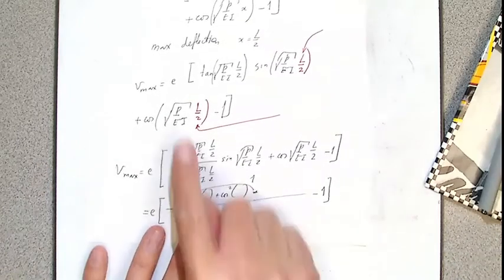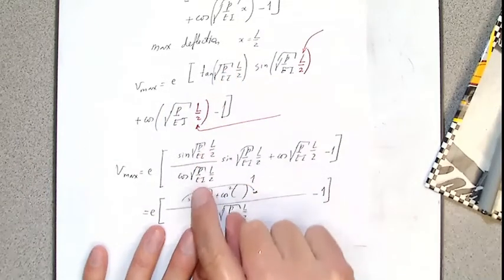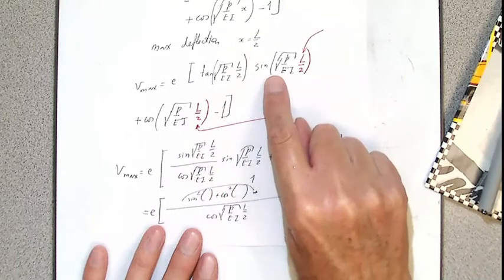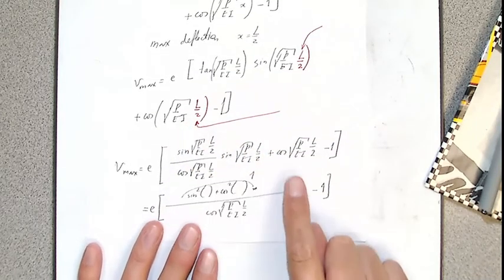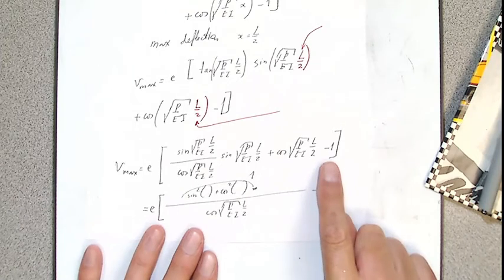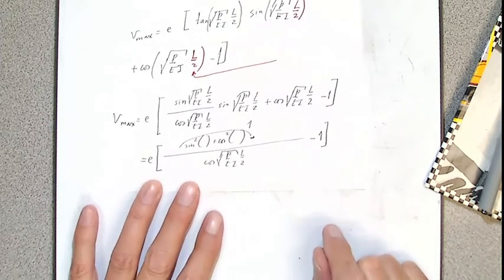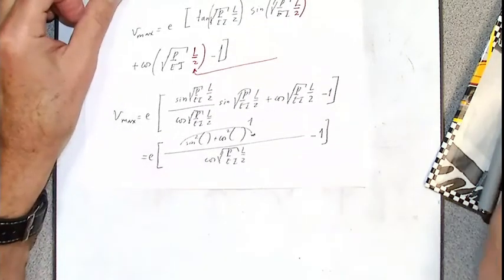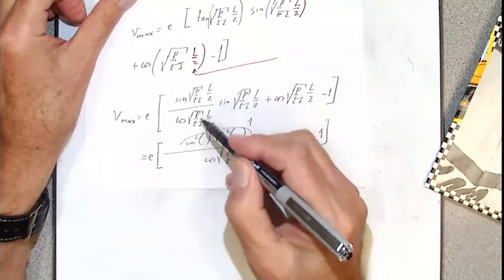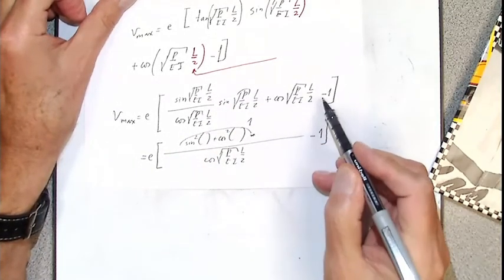So then we get E, tangent is sine over cosine, then times sine, plus cosine, minus 1. Now look please, this is a ratio. This is not a ratio.